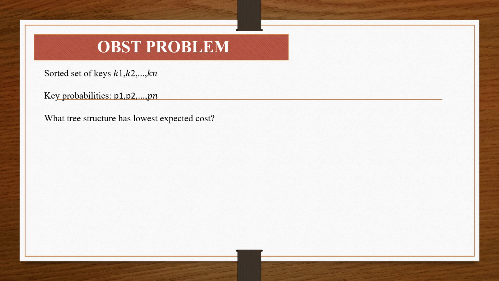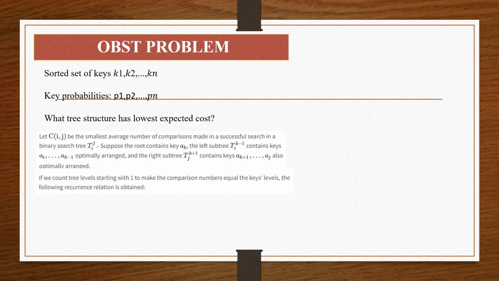So what tree structure will have the lowest expected cost? Let C(i,j) be the smallest average number of comparisons made in a successful search of a binary search tree, then that will be my cost of the OBST.